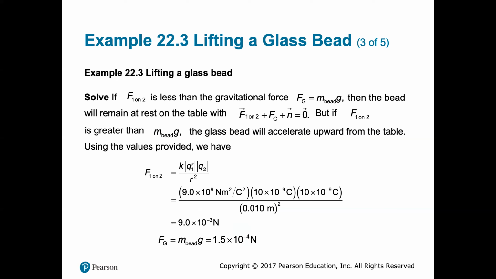We take k and then Q1, Q2, r squared into the equation, and you can get the number. And then let's calculate the weight or gravitational force. I guess all of you have learned how to do the calculation in your previous lectures. So the weight equals mg. g is the gravitational constant, and m is the mass of your glass bead in this example. And then the number is shown here. So obviously, the electrostatic force is much greater than the weight.